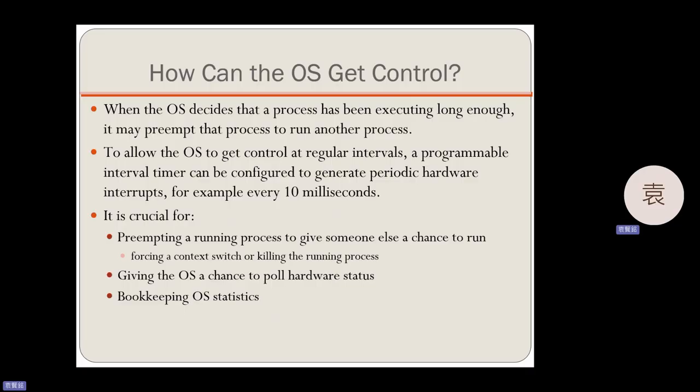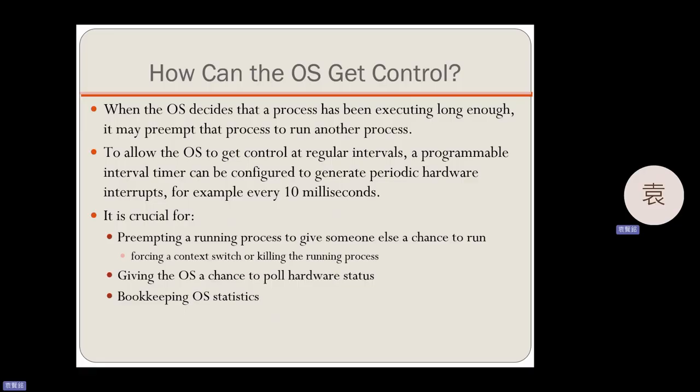The time interval is usually 10 milliseconds or 20 milliseconds. So, for example, every 10 milliseconds the timer is triggered and the operating system can decide to interrupt and change the running process.